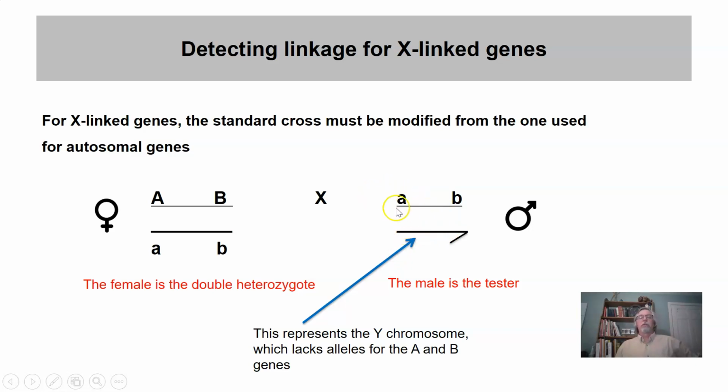So the male is going to have only one copy, and the male will serve as the tester. His X chromosome will have both recessive alleles for the genes being tested. Okay, so that's the modification we have to make. Female is always the double heterozygote, and the male is always the tester for X-linked genes.